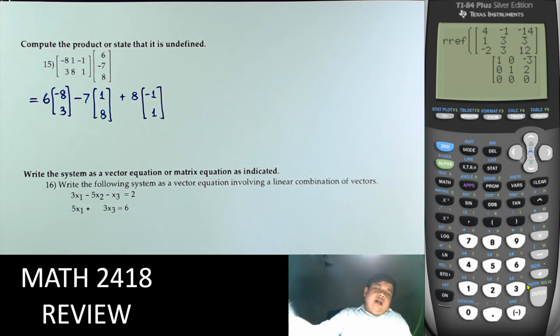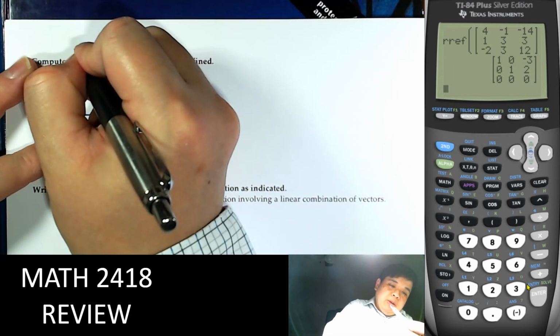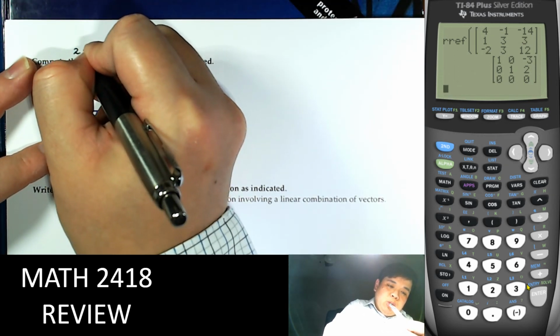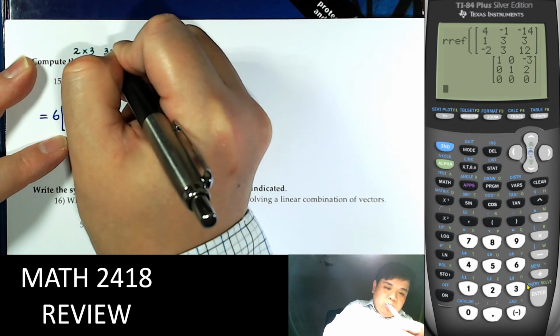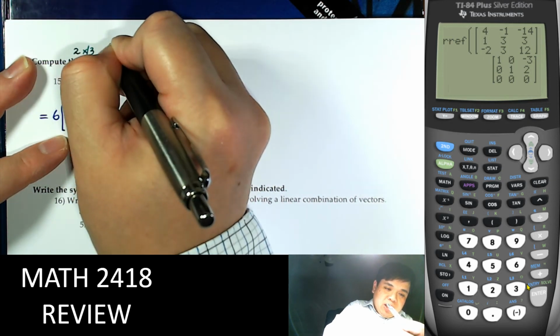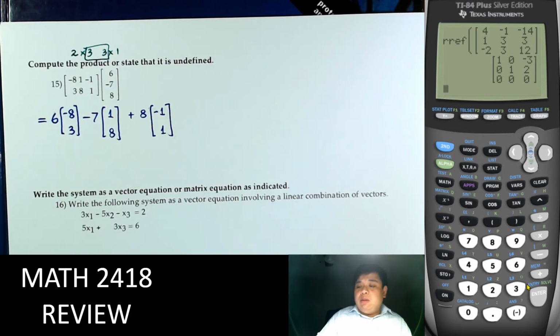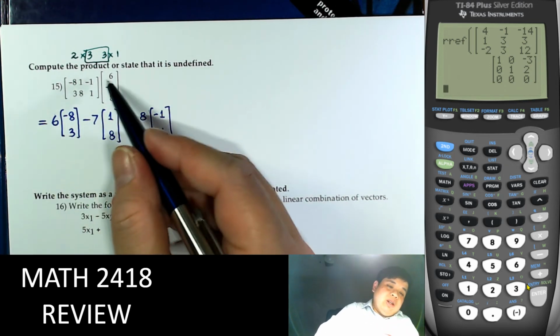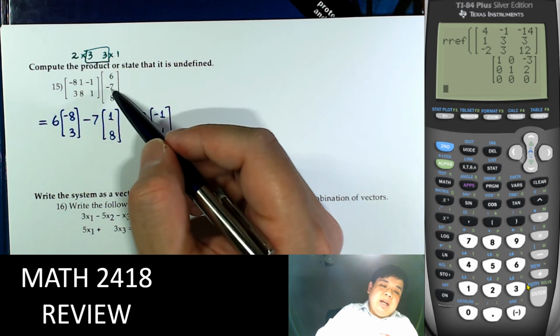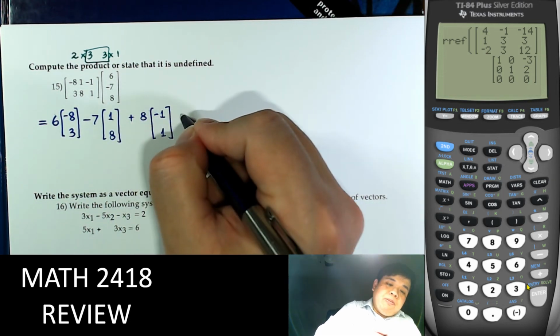Notice that if we check the dimension, we have a 2 row, 3 column matrix, and then 3 rows, 1 column. The middle numbers are the same, so when we multiply, the outside numbers give us the dimension of the product. So each number here we multiply by each column.